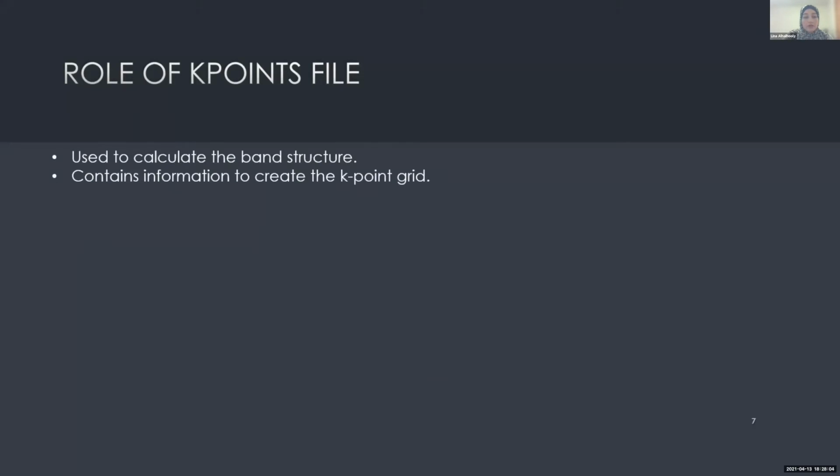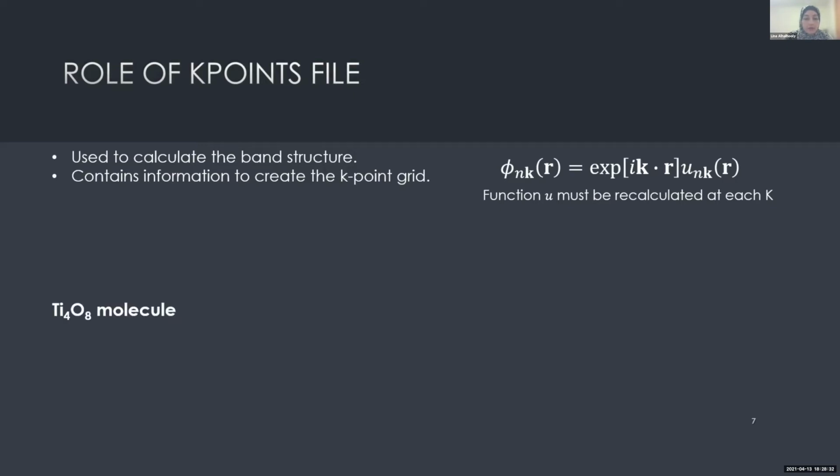Okay, so just to summarize, the key points file is used to calculate the band structure, and it contains information to create the key points grid. As we said, for a momentum value we can have many possible energies, so it's important because of that. And this is just a reminder that the solution of the Schrödinger equation has the key values.